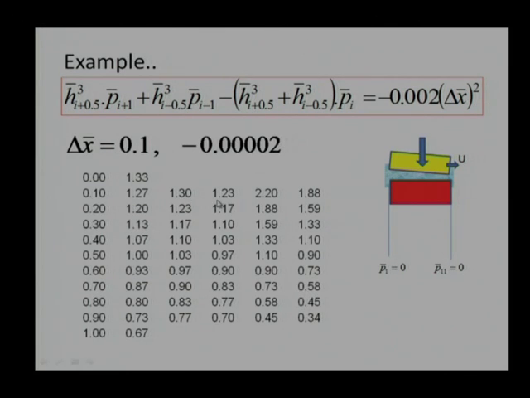However, on the positive side, one step ahead, it turned out to be 1.23. Sorry, in this case it will be the negative side. So, it will be h i minus 0.5, and h i plus 0.5, and this is a cube. The cube of 1.3 is 2.2. Similarly, 1.88 is the cube of 1.23, and slowly we can move ahead.